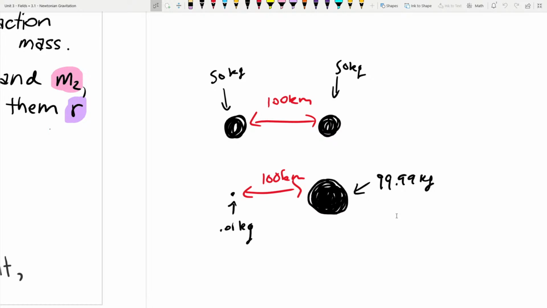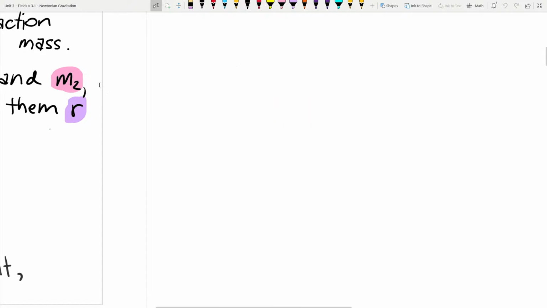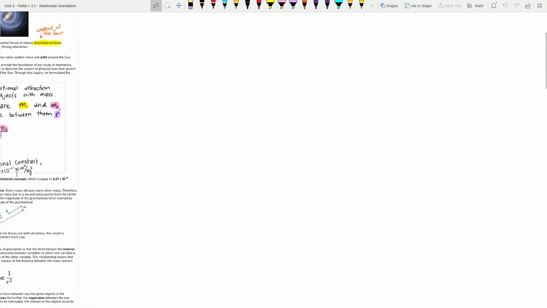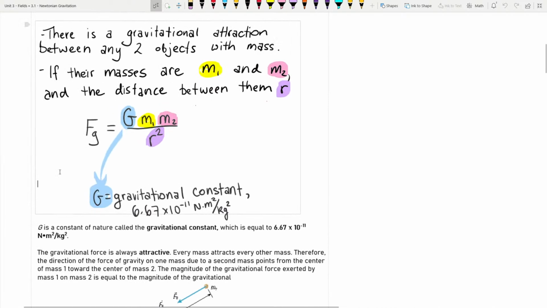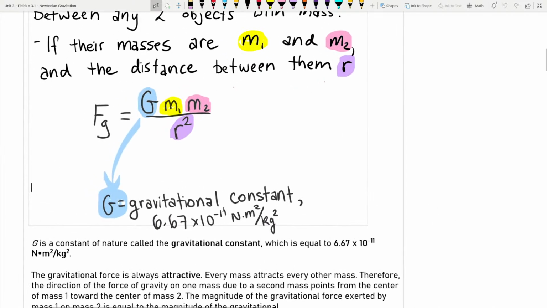So again, the gravitational constant may look intimidating at first, but really it's not intimidating at all. All it tells us is that if we take a system that has a kilogram of mass and a meter between the two masses, you'll experience 6.67 times 10 to the negative 11 newtons of force.